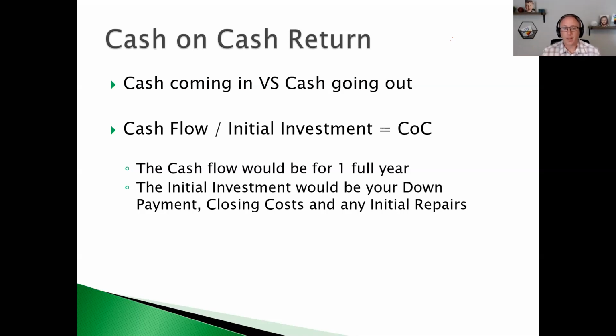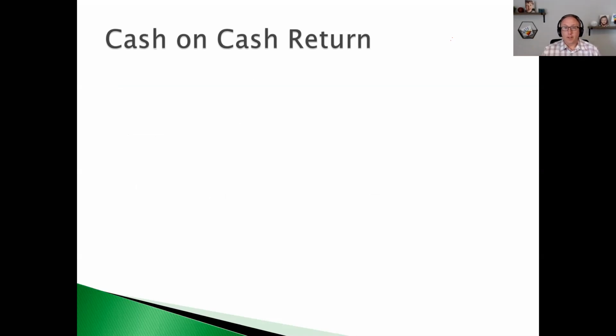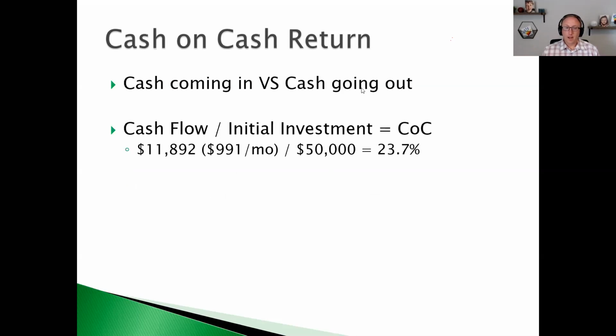So specifically for that deal, cash flow coming in. My way of doing it is just the gross number, $991 per month, times 12 months. That's how I got my $11,892. So this is now gross cash flow for the year.